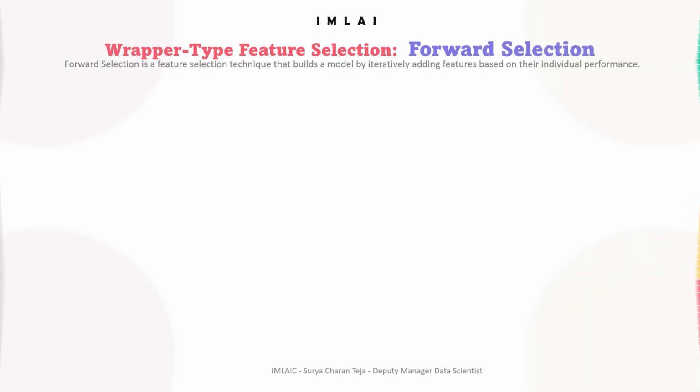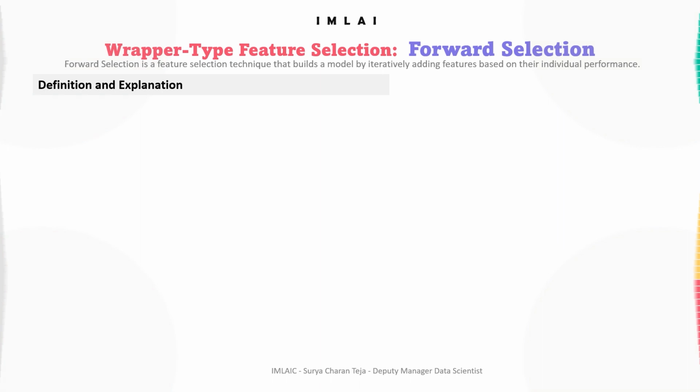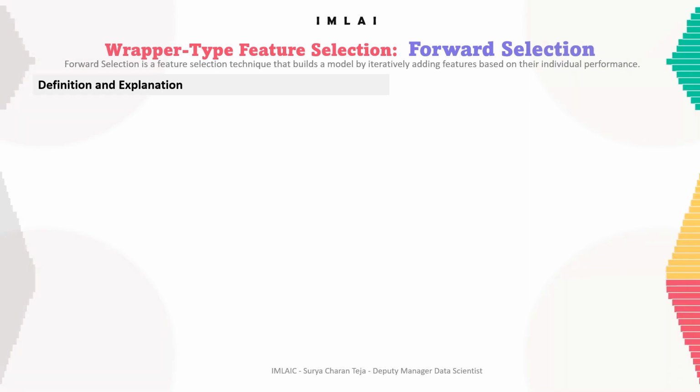Let's begin, as usual, with a definition and explanation. Then we will move on to different aspects of forward selection. Forward selection is a wrapper type feature selection method that evaluates the performance of different feature subsets by training and testing a machine learning model.